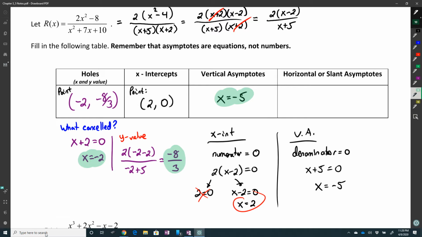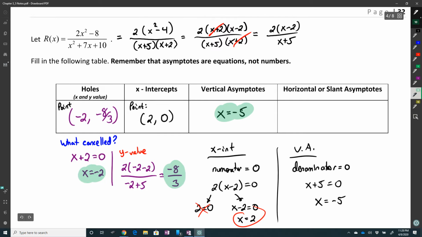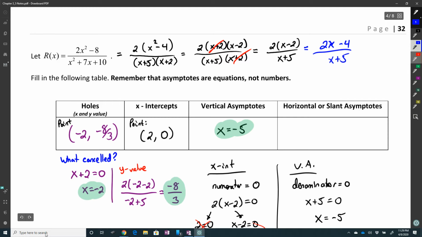And then finally, the last one, horizontal or slant. So what I'm doing here, and you can use whichever one you want, is 2x minus 4 over x plus 5. If you use this answer, notice that you have degree 1 over degree 1. If you use the original, you have degree 2 over degree 2. So it doesn't matter which one you use, but pick one, and the answer is going to be the same.